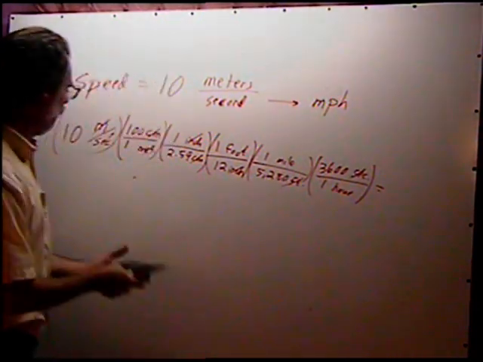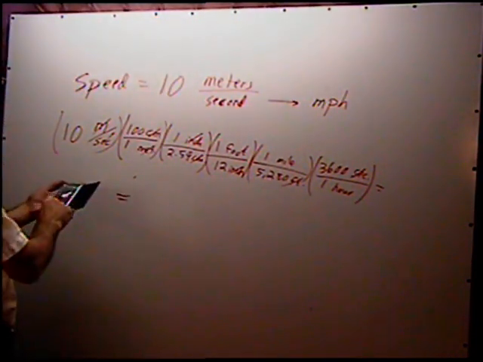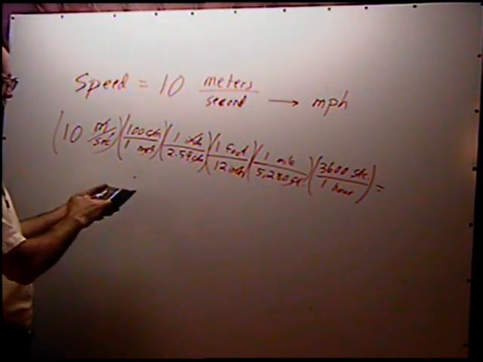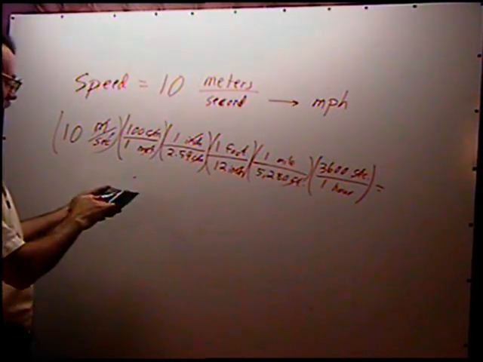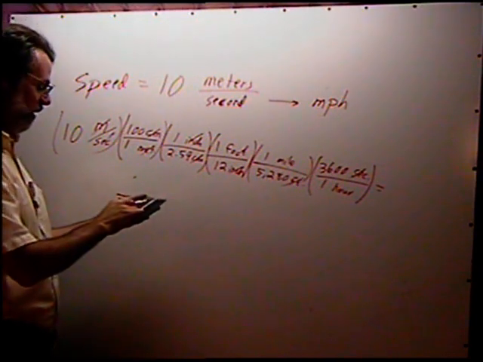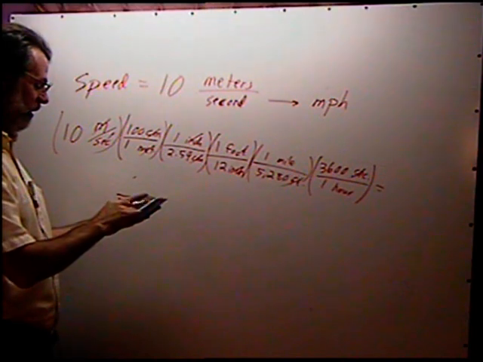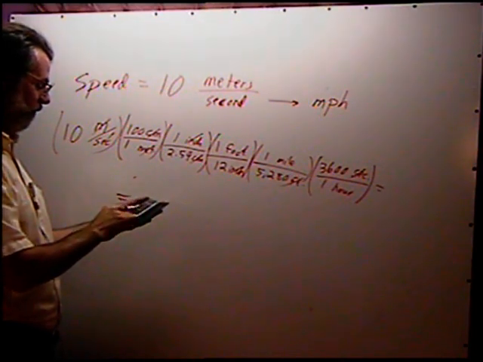If I take my calculator and multiply that out, I get 10 times 100 divided by 2.54 divided by 12 divided by 5,280 times 3,600.